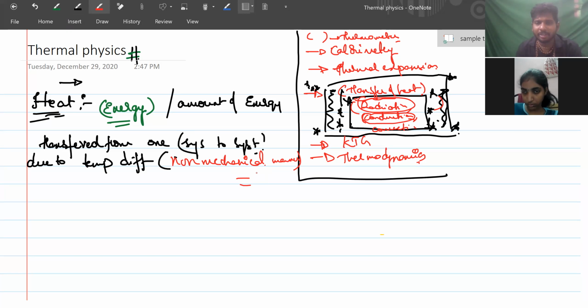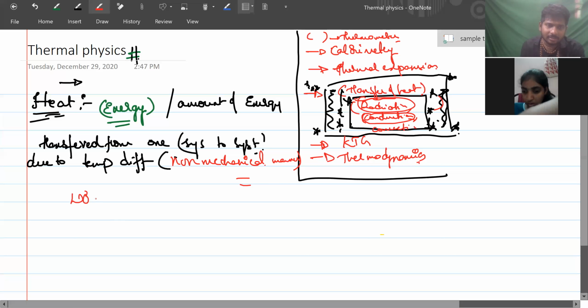Mechanical also, you're doing work. Work is a form of transfer of energy. Do you remember that? Yes, sir. But there, work done is a mechanical transfer of energy. That means you use something like a motor, mechanical equipment. You use a motor to pump water. That's a mechanical equipment.